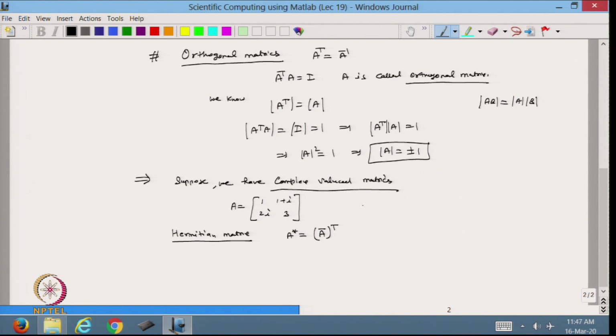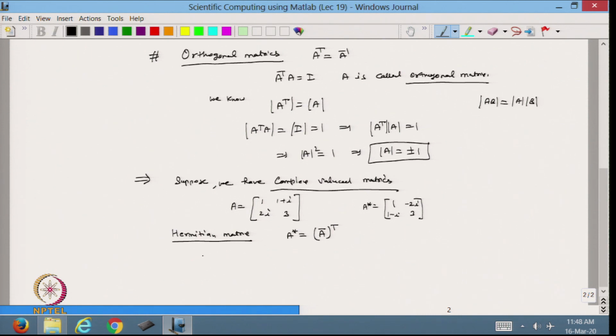So, if I take A here, A star will be, first I will take the 1, 3, I will take the conjugate, so this will be 1 minus i, minus 2i. So, this is my A star. I have taken the conjugate. So, conjugate will be 1 minus i or minus 2i and then I will take the transpose. So, this will be the A star.